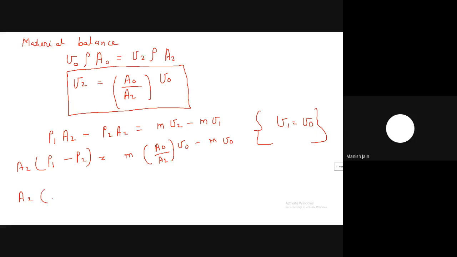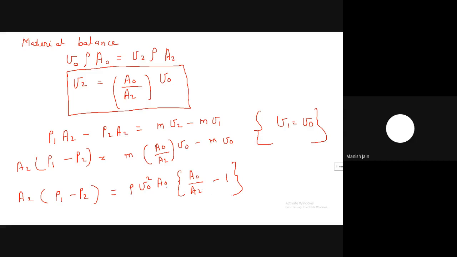So A2 times (P1 minus P2) should be equal to, taking A common, rho multiplied by V0 square multiplied by A0, and in brackets you will get A0 by A2 minus 1. So this will be the equation.